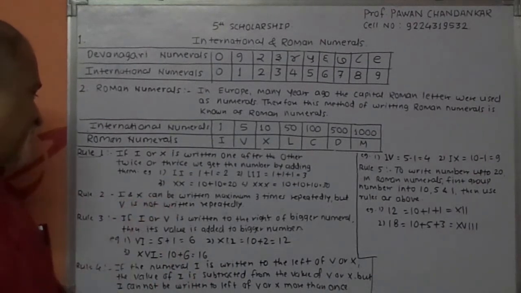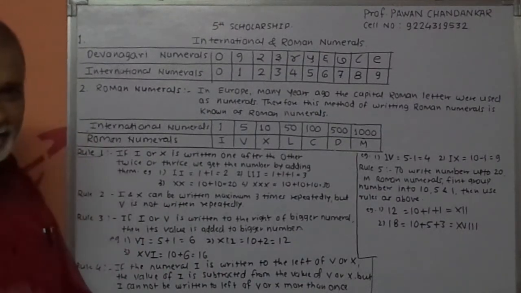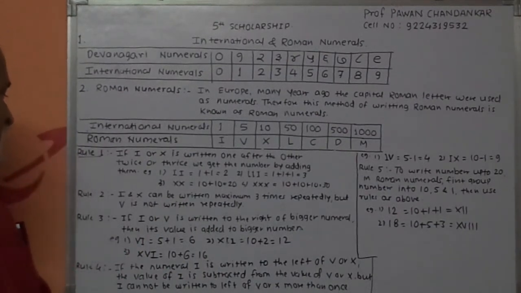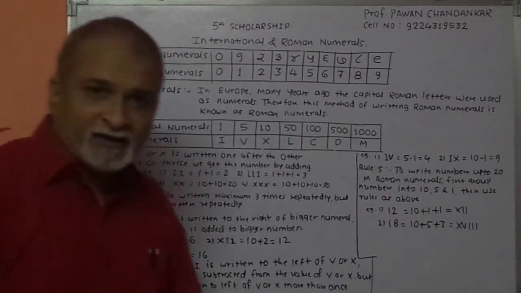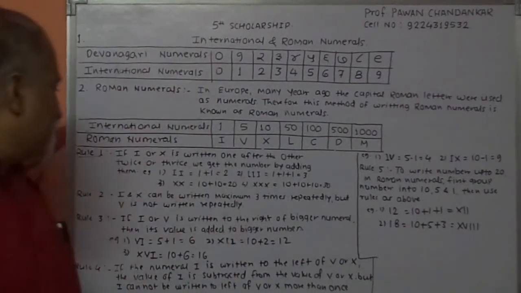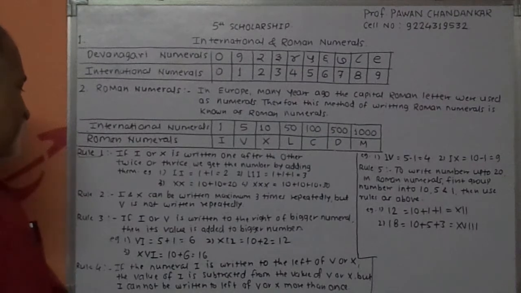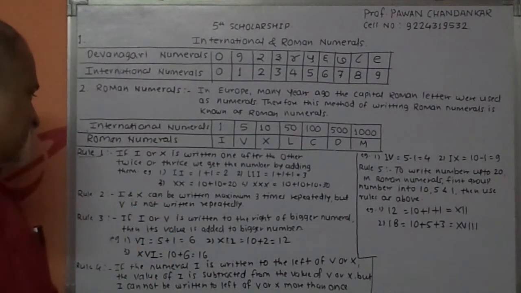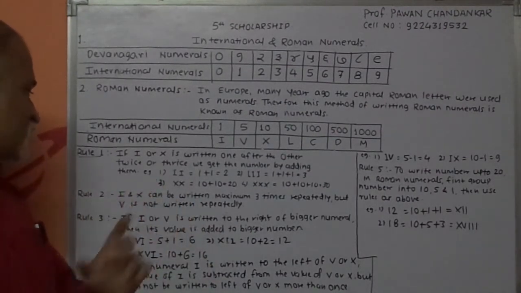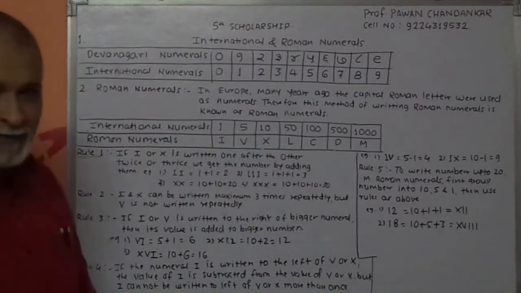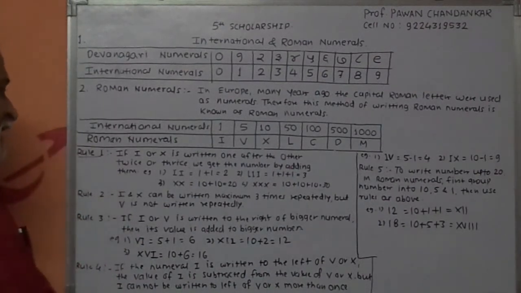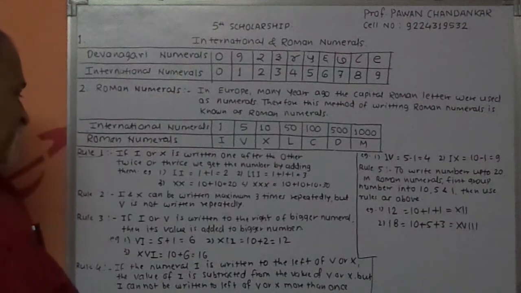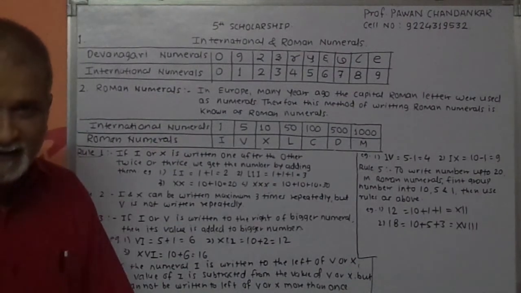I and X can be written maximum 3 times repeatedly. But V is not written repeatedly. That is, if you have to make use of the letters I and X, you can use these letters maximum 3 times repeatedly. But V is not written repeatedly.